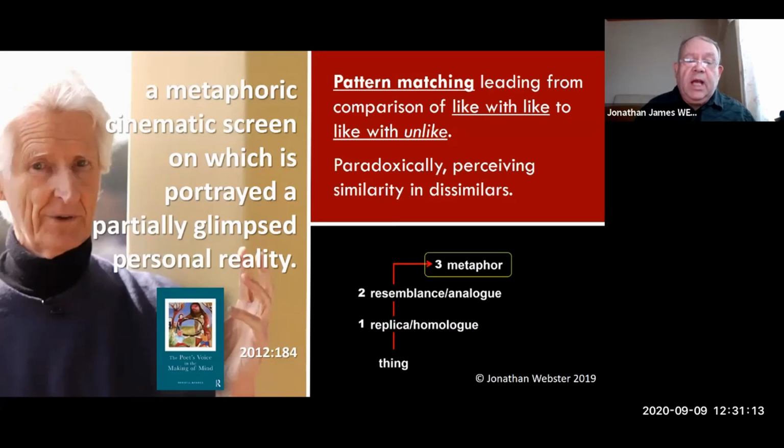I like, again, the quote I gave you last time: a metaphoric cinematic screen on which is portrayed a partially glimpsed personal reality. It's almost like you're projecting a movie, and what you're projecting is this partially glimpsed, because we never really see everything, personal reality which we communicate through this ability to be metaphorical.